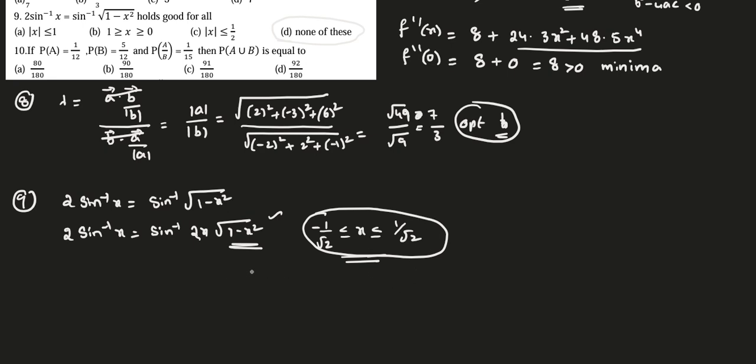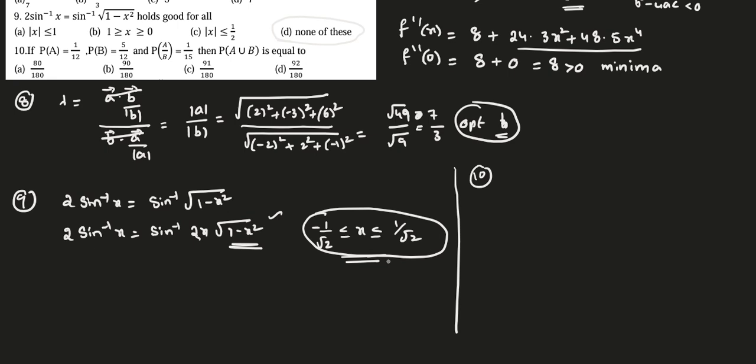Now coming to the 10th question, probability. Question number 10. Now we have probability of A is equal to 1 by 12, probability of B is 5 by 12, probability of A given B is given, and probability of A union B. See, the formula for probability of A union B is probability of A plus probability of B minus probability of A intersection B, which is not available.